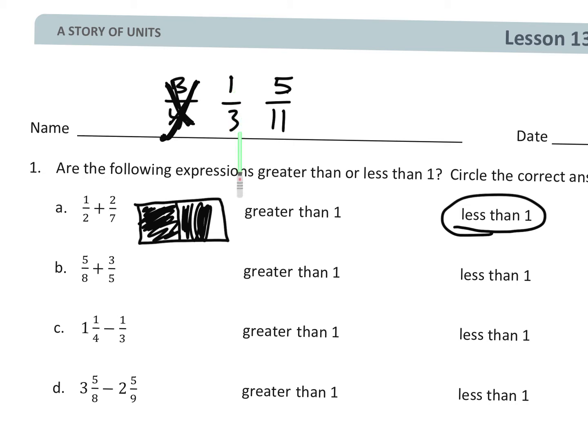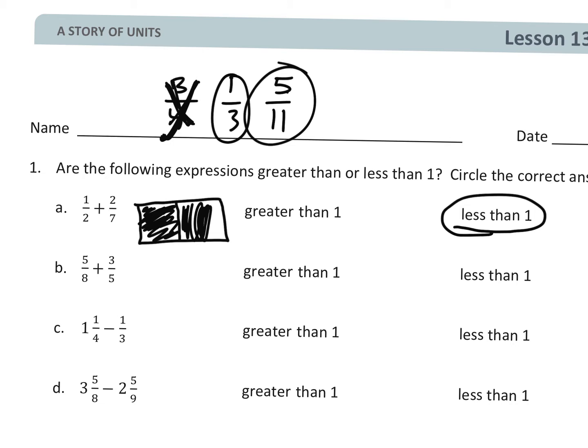What about 1/3? 1 times 2 is 2, and 2 is less than 3. So I know that 1/3 is less than 1/2. Let's try 5/11. 5 times 2 is 10. 10 is less than 11, so I know that 5/11 is less than 1/2. That doesn't tell me everything I need to know, but it's going to start getting me into the correct ballpark.